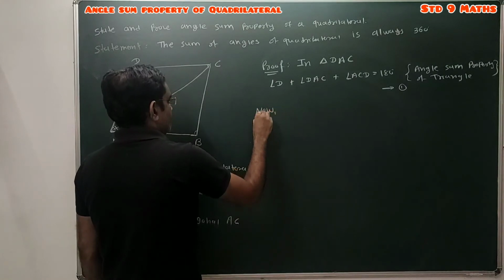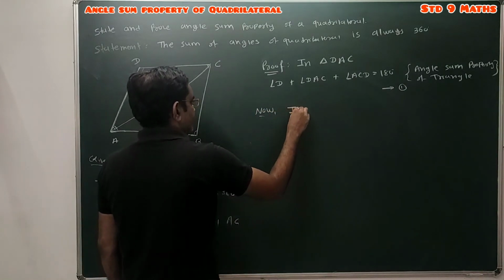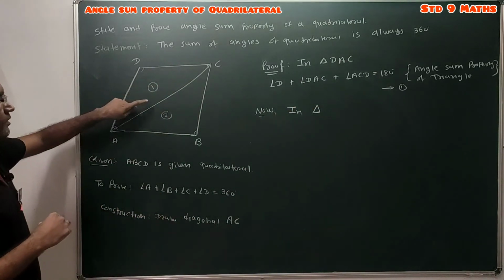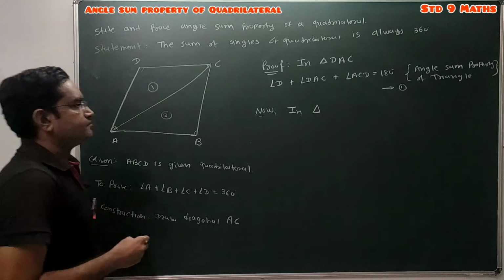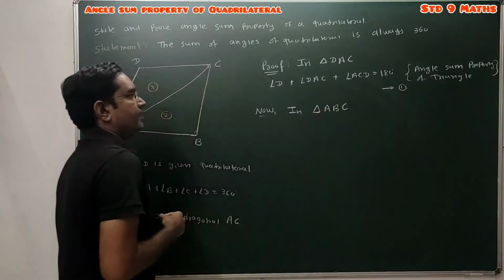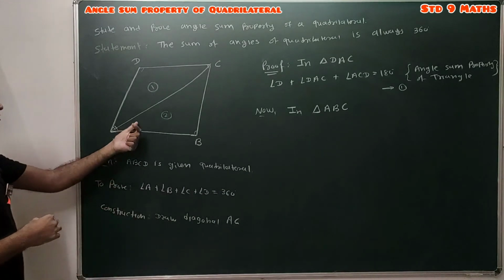Now consider second triangle. DAC is the first triangle, second triangle is triangle ABC. So in triangle ABC, again we can apply angle sum property of triangle.